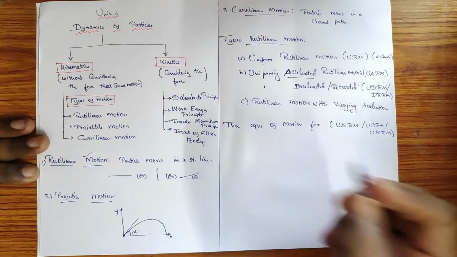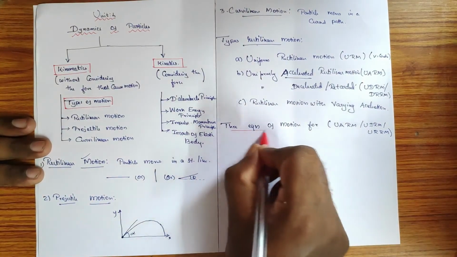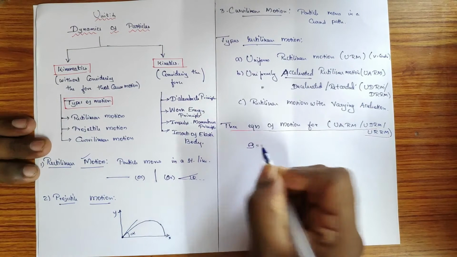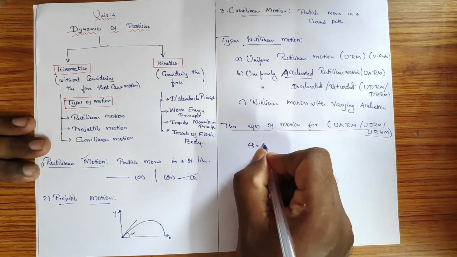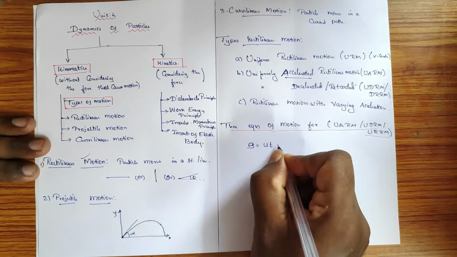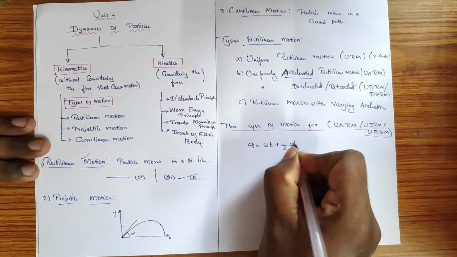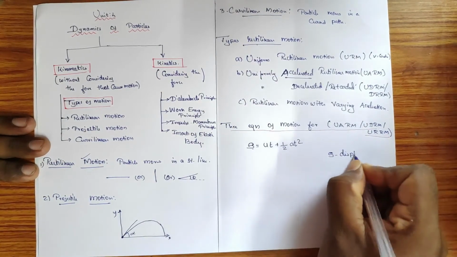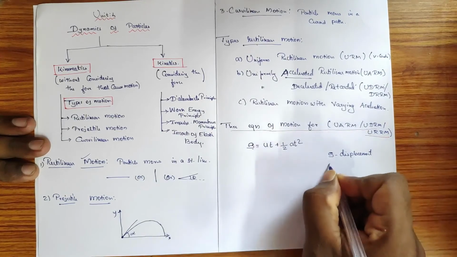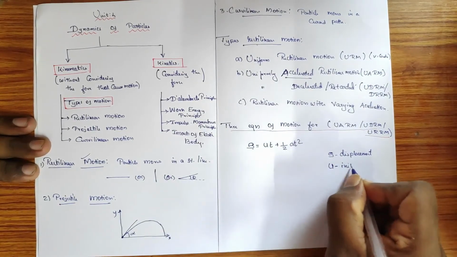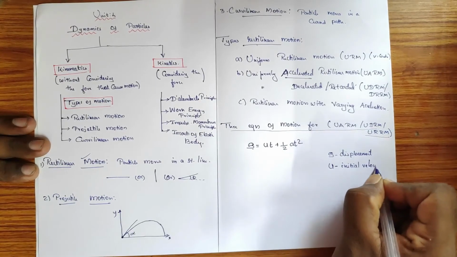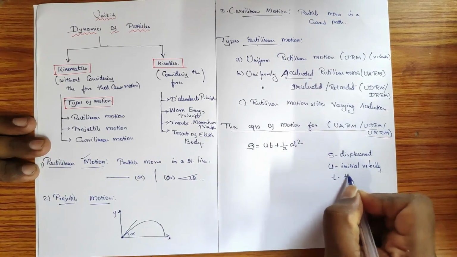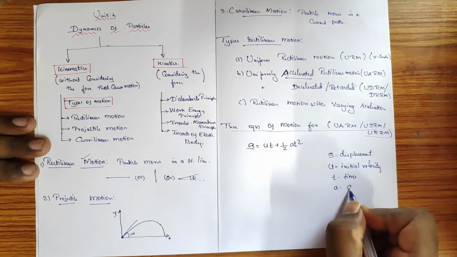When finding the displacement, it is given by S = ut + 1/2 at². S is the displacement, u is the initial velocity, t is the time, and a is the acceleration.